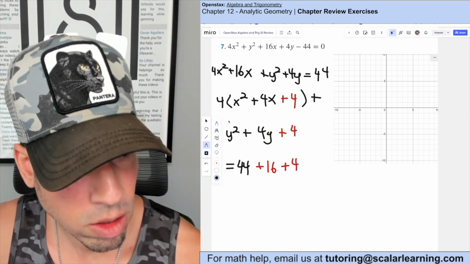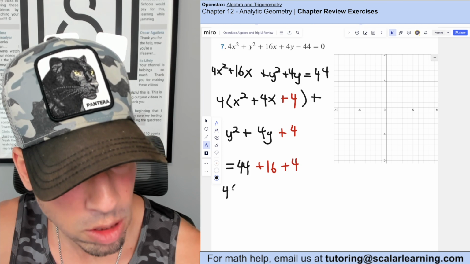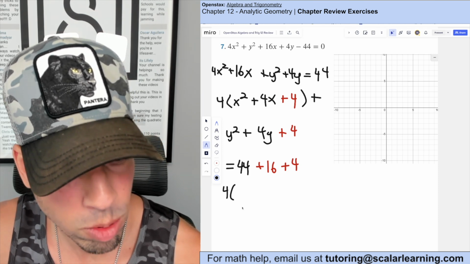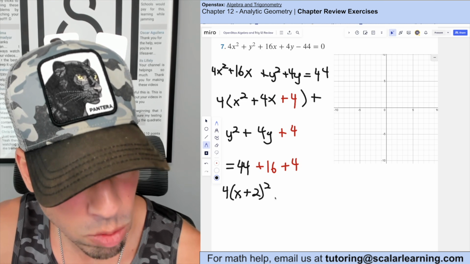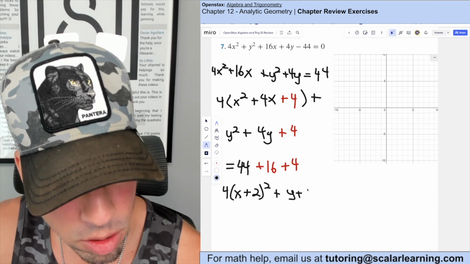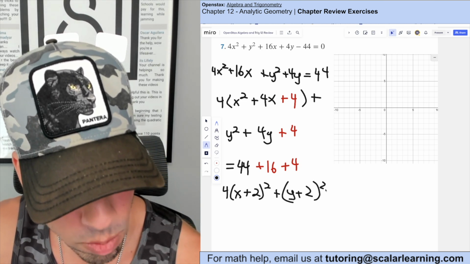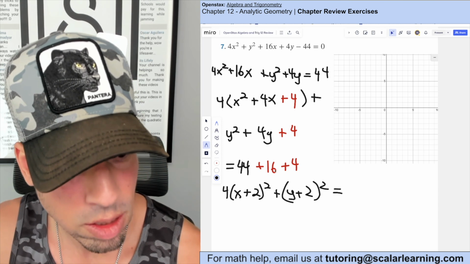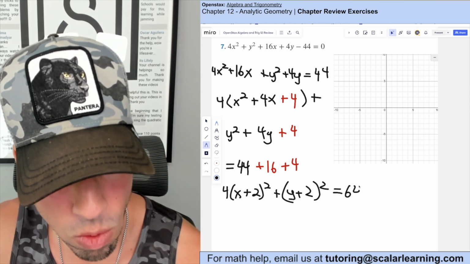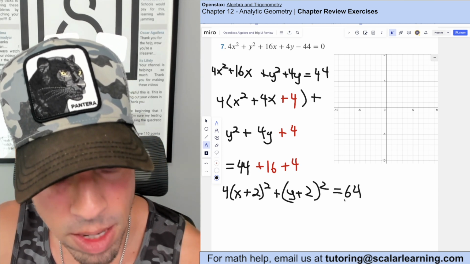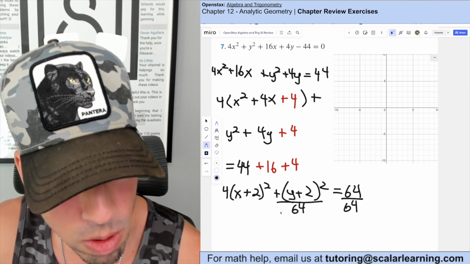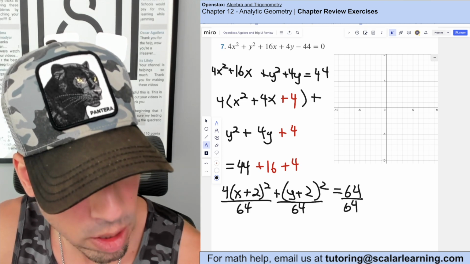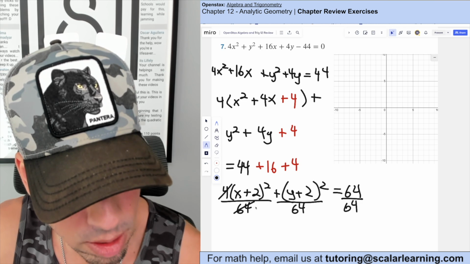Now we get a nice final equation of 4 times x squared plus 4x plus 4 can be factored into x plus 2 squared. Over here we've got y plus 2 squared, when we factor that, is equal to 60 plus 4 is 64, okay? And finally, we're going to get a 1 here, so we want to divide everything by 64, like so. 4 and 64 cancels out to 1 and 16.